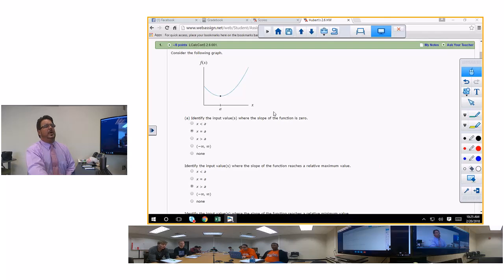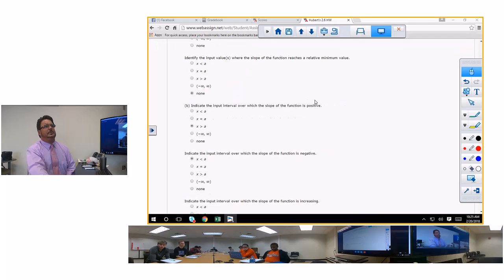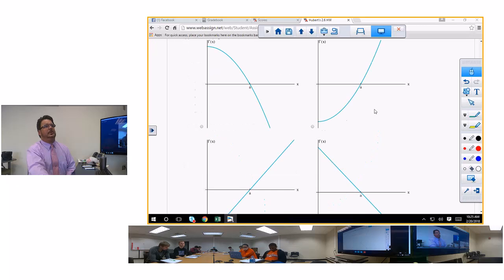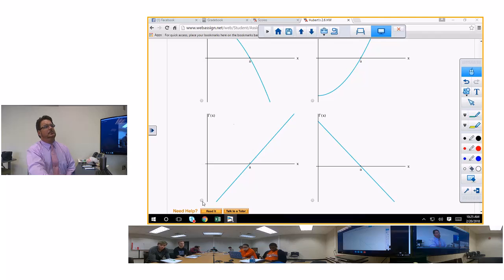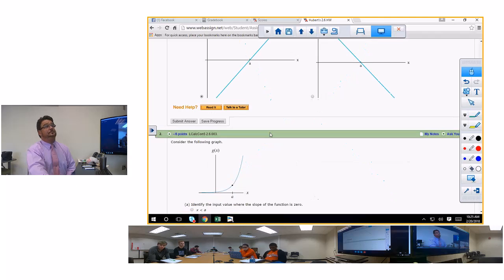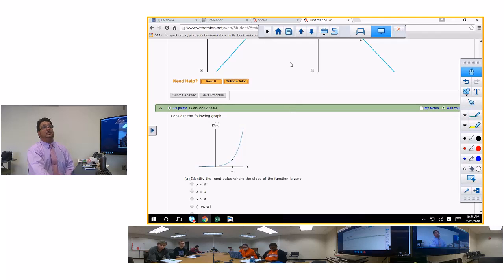Okay, so the slope graph is decreasing, then it's increasing. So the slope graph would be decreasing to increasing. I would say C. Was this C right here? Yeah, I guess. And that should be your answers.